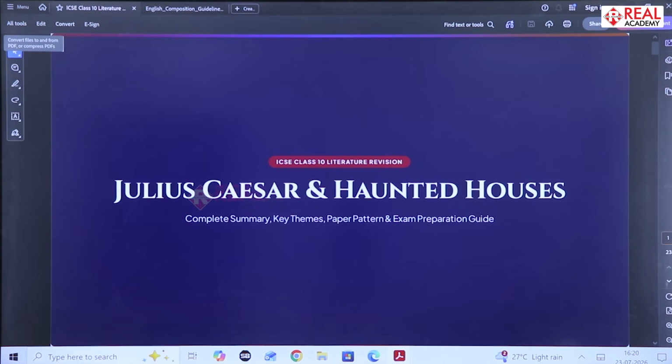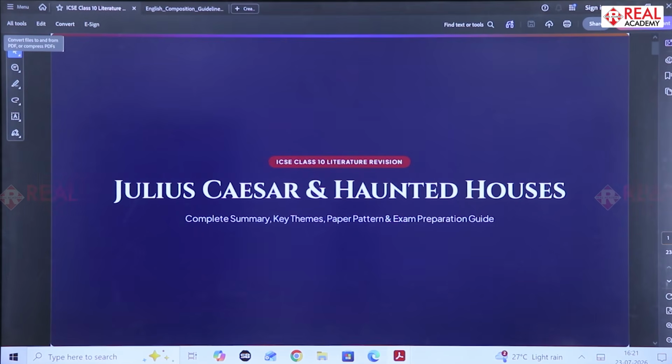Before we begin, let us understand the ICSE English Literature paper pattern. The literature paper is of 80 marks and carries equal importance as the language paper. The questions are designed to test not only your memory but also your understanding, interpretation, appreciation, and analytical skills.